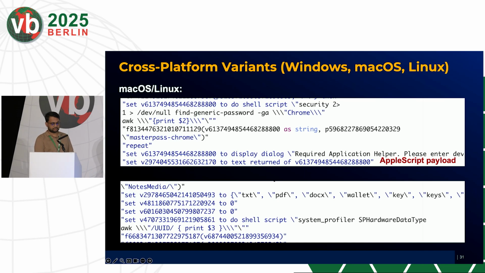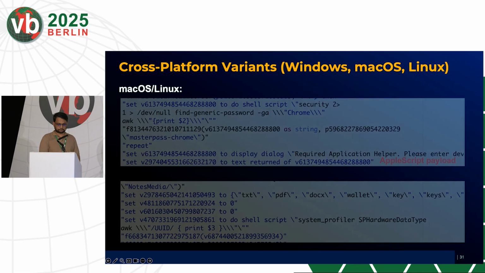Additionally, the malware exhibits data harvesting behavior by scanning the user's desktop and documents for sensitive file extensions like txt, PDF, and wallet keys. These files often hold valuable information, ranging from personal notes to credentials and cryptocurrency wallet keys.